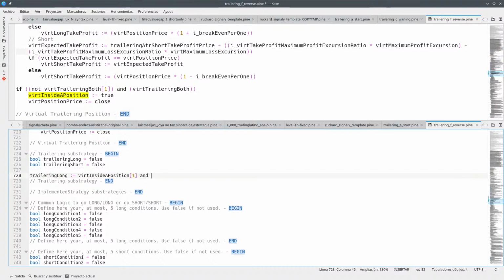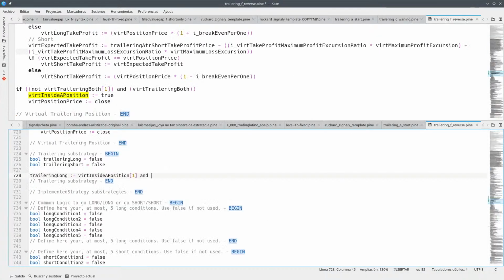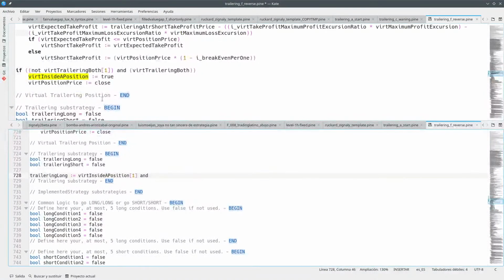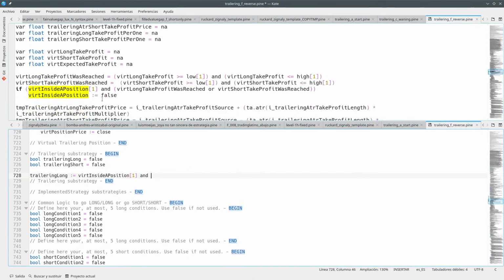Okay. The next condition is long take profit was reached. So that means that it was reached. It means it was reached on this candle because this is when we reach it.